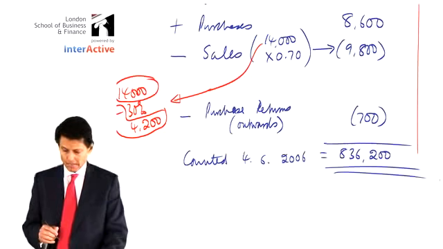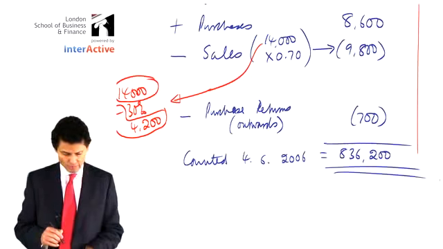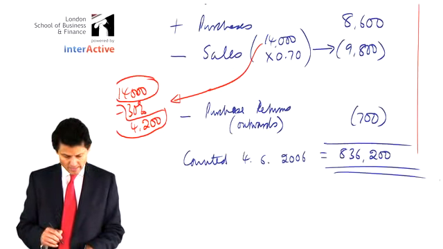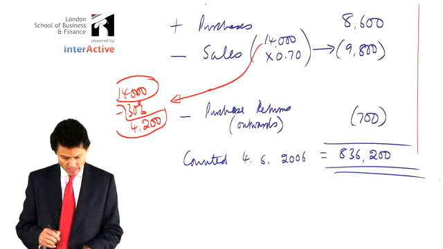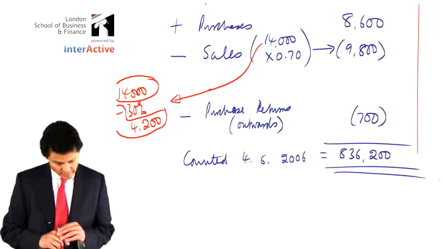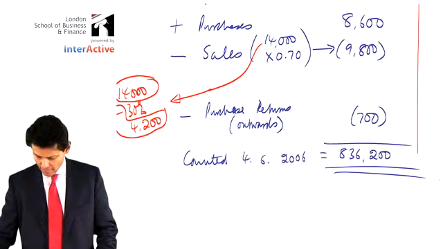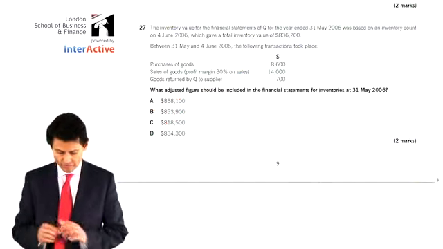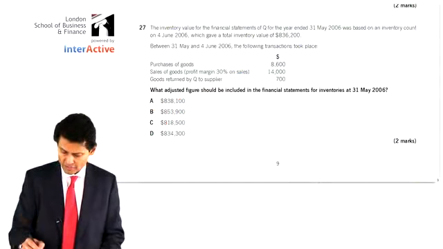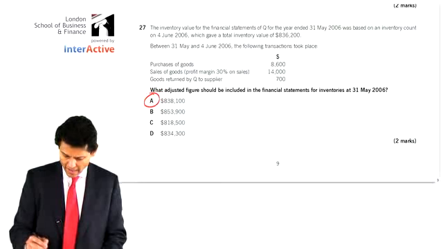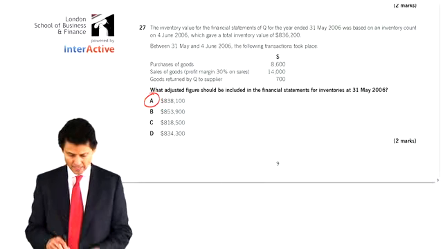So it comes out to 836.2. Make sure that that is right. 838.1 is obviously our answer. So let's go back and see if we can tick it off. Be careful, the figures are quite similar. I would say A is the answer in this particular case.